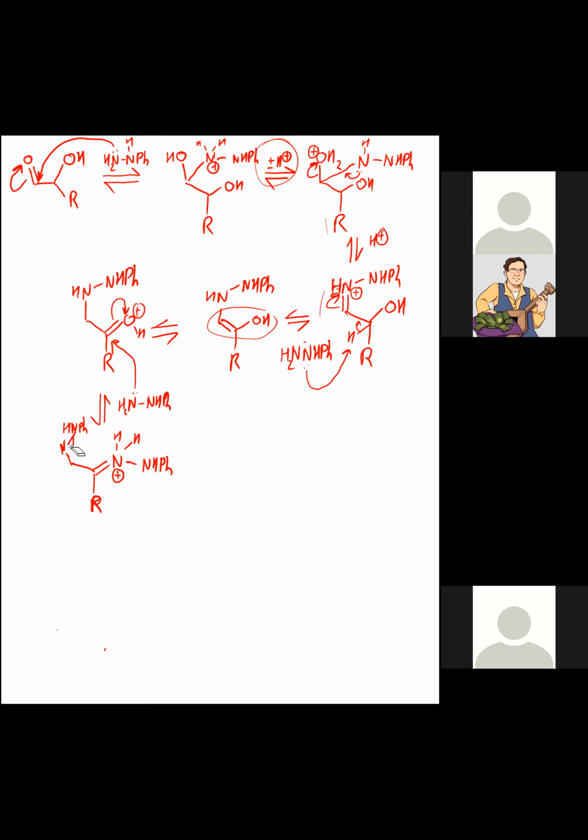But as you can see, we clearly don't have a double hydrazone. We've got a hydrazine on one side and a hydrazone on the other. And that's not where we're going to go. So I need to reduce this other guy.